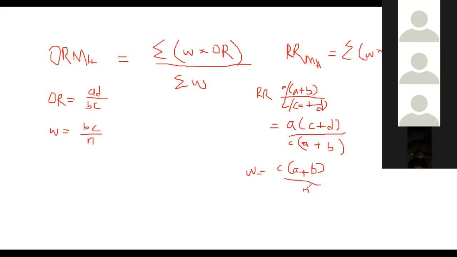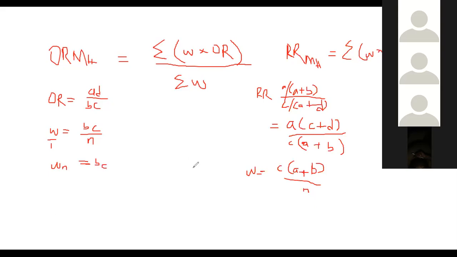Okay, I get this. Since we know this one is the denominator for this one, you can say anything over something is over 1. If you cross multiply, WN equals BC.